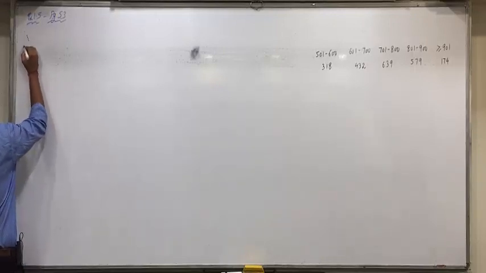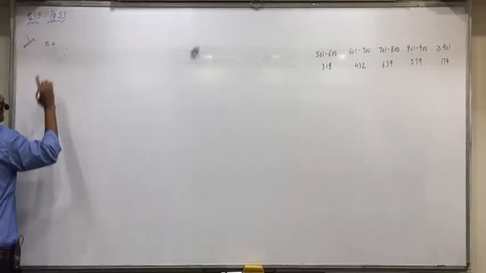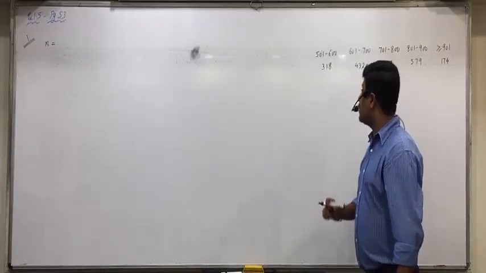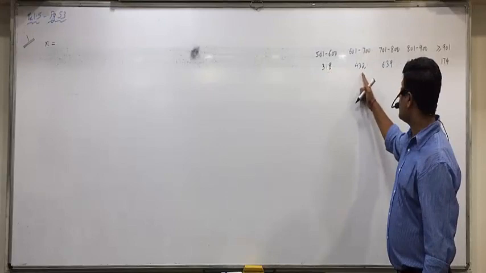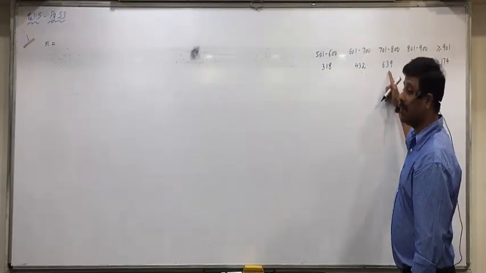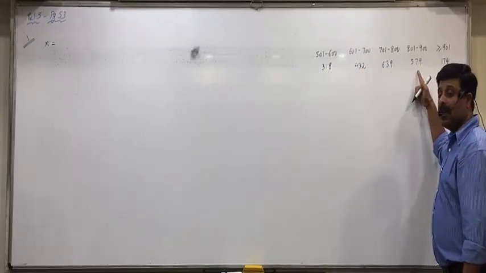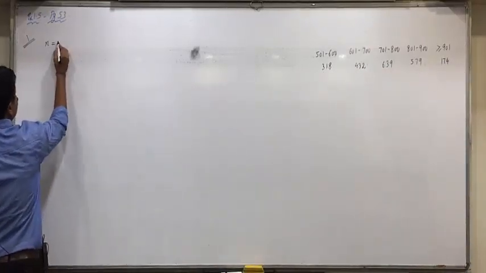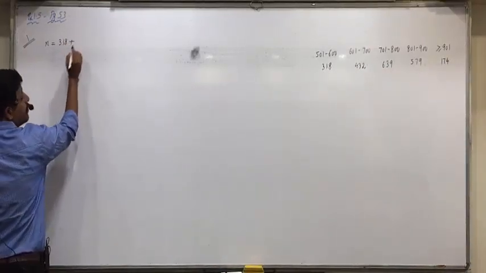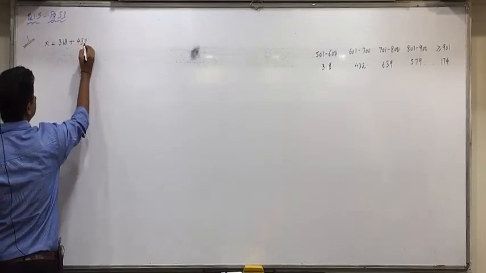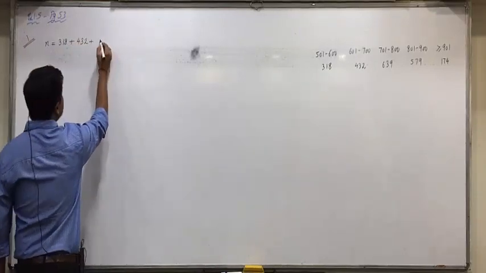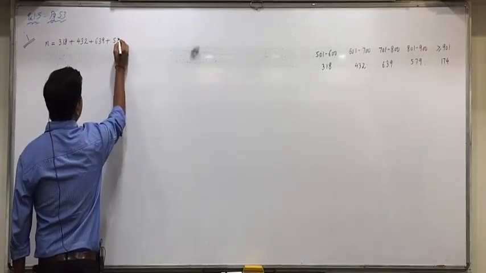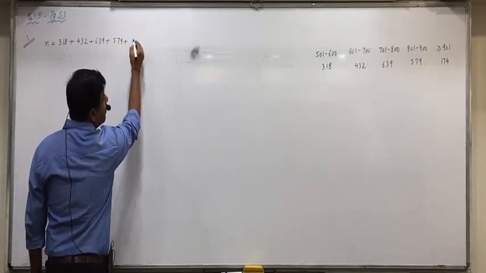See here, one person from this is selected. What are the total number of travelers? 318 plus 432 plus 639 plus 579 plus 174.